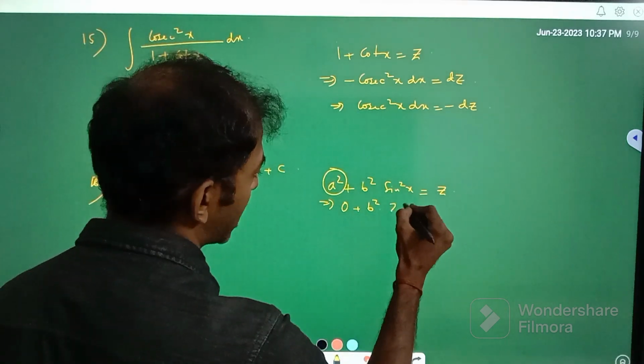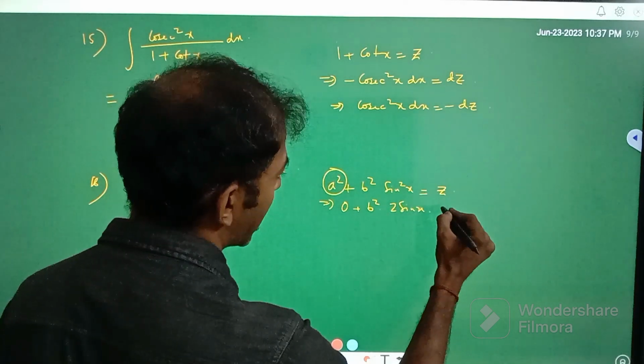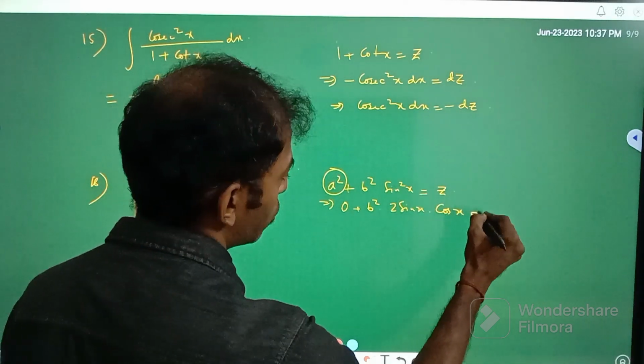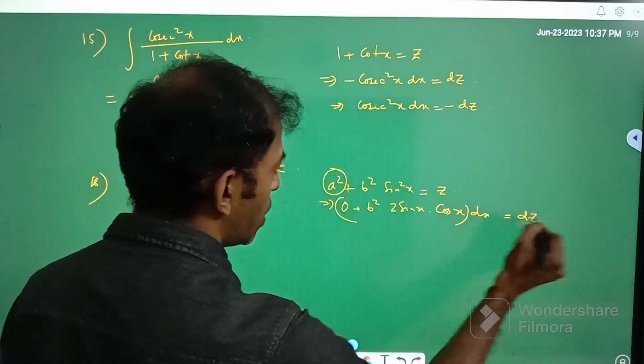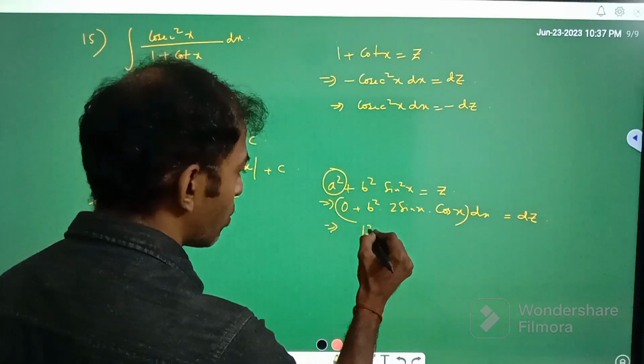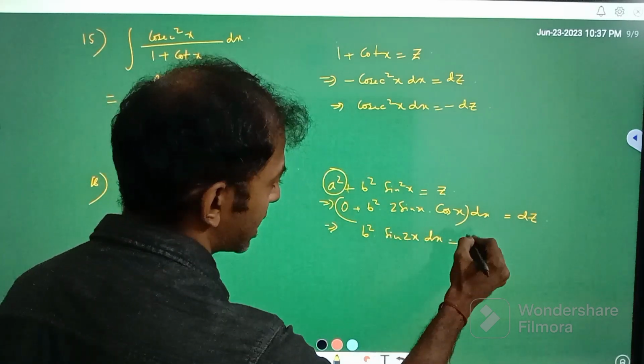Differentiation will be 2 sine x into, by applying chain rule, the differentiation of sine x, which will be cos x, into dx, total into dx equals dz. Now we all know that that will be b square into sine 2x dx, this is equals to dz.